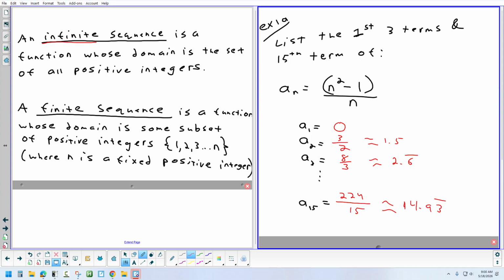So the 15th term is getting pretty close to the number 15. The 30th term would be getting pretty close to the number 30. But it's always going to be a little bit smaller because of this -1. If the pattern was just n squared over n, well, then you could reduce that, and n squared divided by n would give you just n. But in this case, the -1 changes that a little bit.